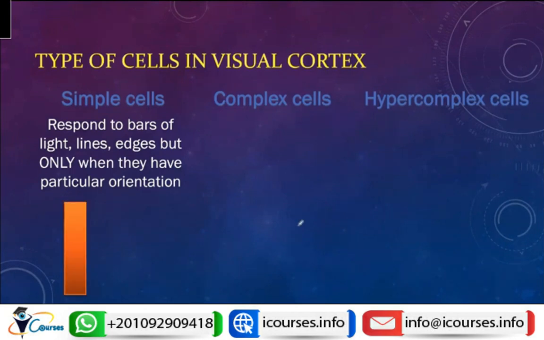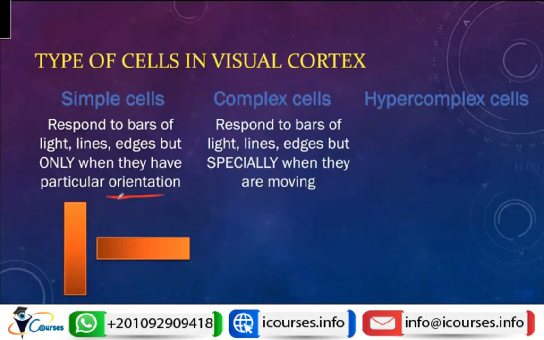So when we see this bar, it is perceived by the simple cells as vertical, and when we see this bar, it is perceived as horizontal. So the simple cells perceive lines, bars, or edges if they have a particular orientation.